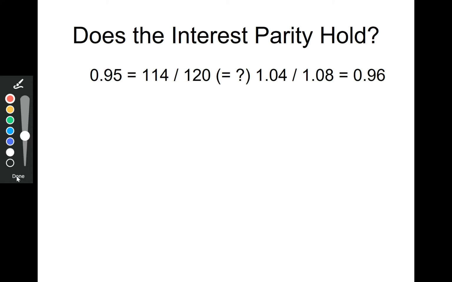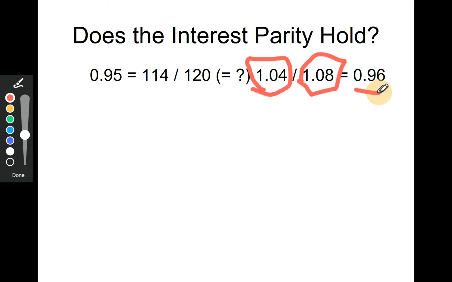Decimal places depend on the accuracy of our measurement. So here, if numbers are 1.04 and 1.08 divided by each other, the answer will go two decimal places, 0.96, even though our calculator has the ability of spitting out many more decimal places that we don't need or shouldn't use.